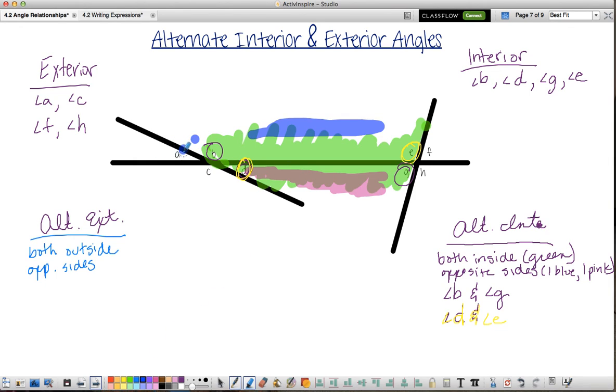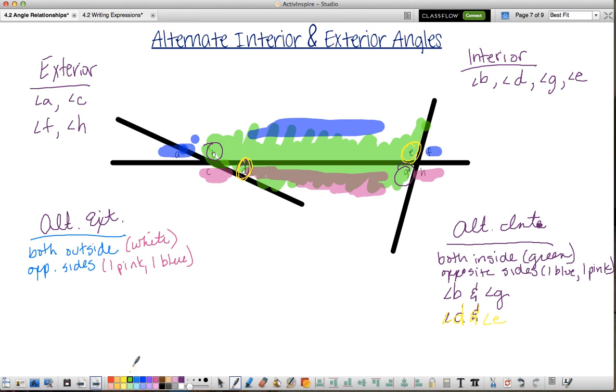So the blue extends here, and the pink extends here. Well, and here, I should say. All right, but the green stays on the inside. So the white space, so this is white, would be the exterior. So white, and then one pink, one blue.